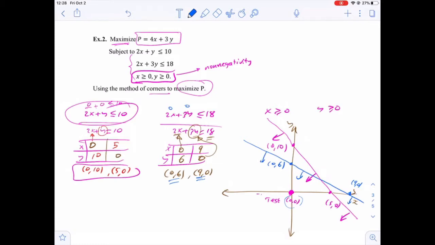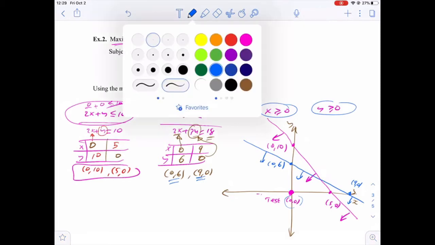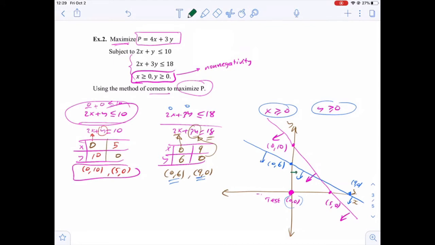Now we look at the region where these are overlapping, but we still have two inequalities. x is greater than or equal to 0, as we described before. That's everything to the right of the y-axis. y is greater than or equal to 0. That's everything above the x-axis. Now, where's the region?